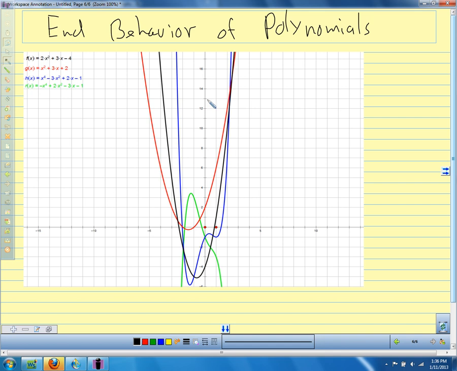Same thing for the blue one. Eventually, they're both going up on both sides. For the green one, where it's flipped upside down, eventually both sides are going down. So these are our even powered polynomials. The highest exponent is even. So let's look at what happens with the odd powered polynomials.